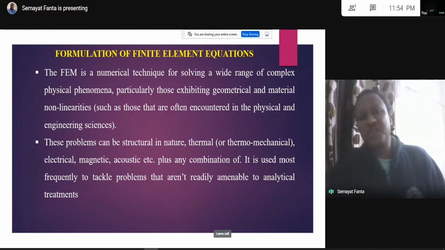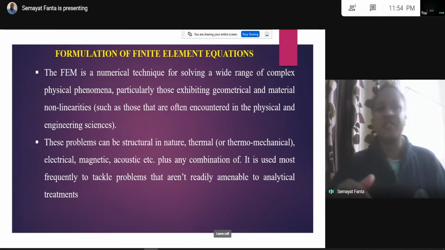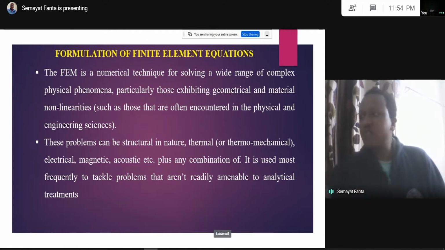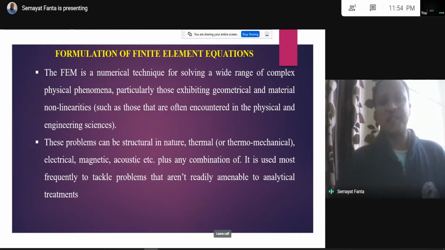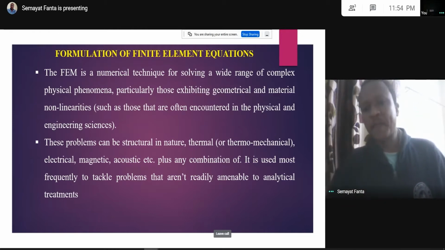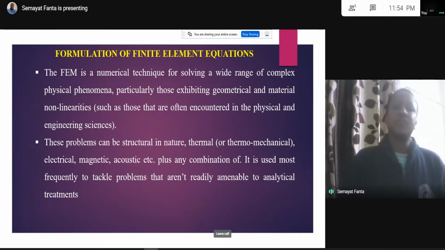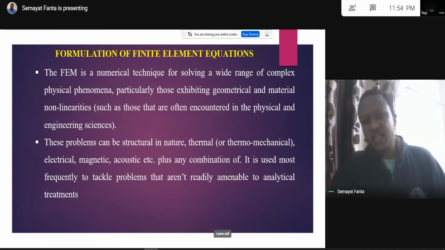The problems can be structural in nature. As you have seen in the scale of analysis, our problem domain is of structural nature. It may be electrical or magnetic or acoustic type. FEM problems can be of any type or a combination of these. It is used most frequently to tackle problems that are not readily amenable to analytical treatments.